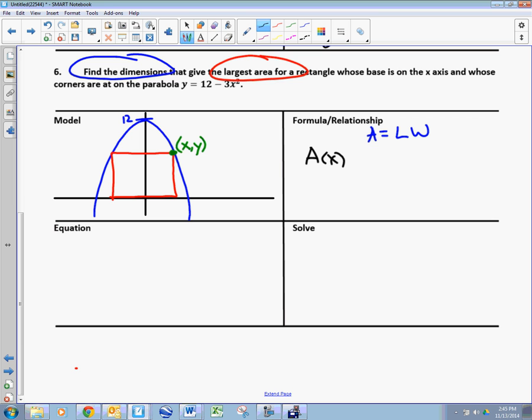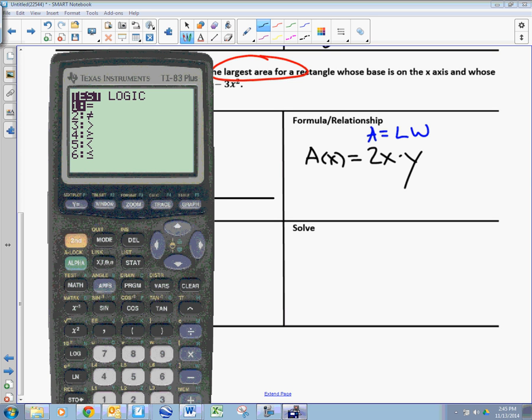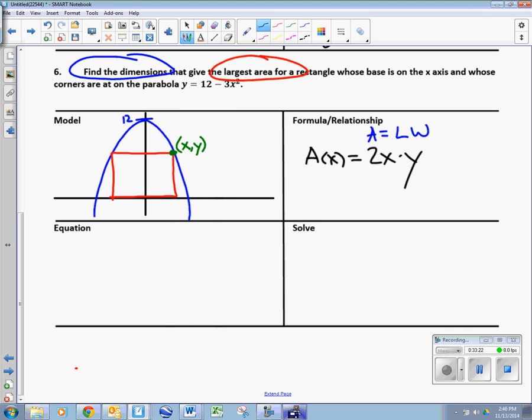So area in terms of x will be 2x times width or height. How tall am I? Only that's not useful at all. y is a different variable. So instead of y, I need something other than y.